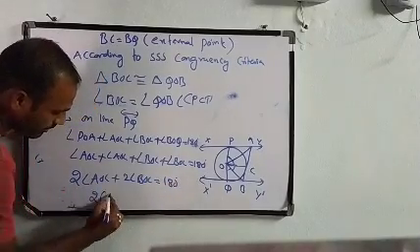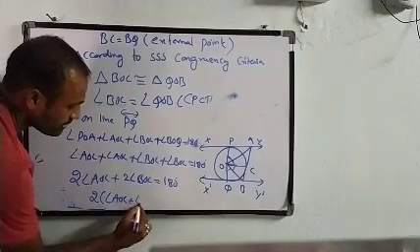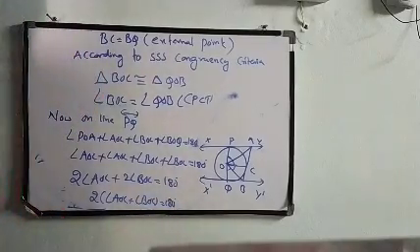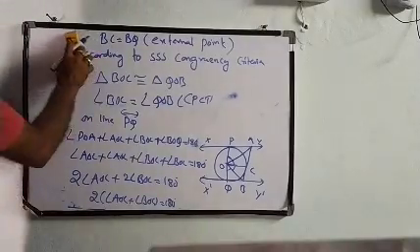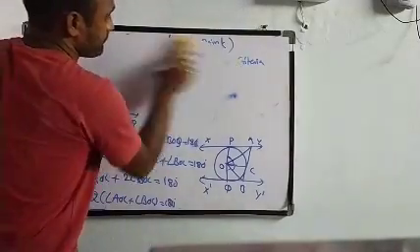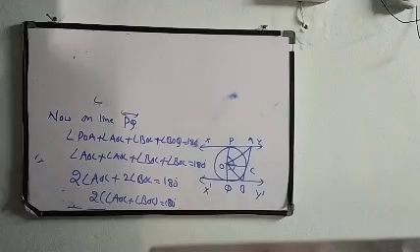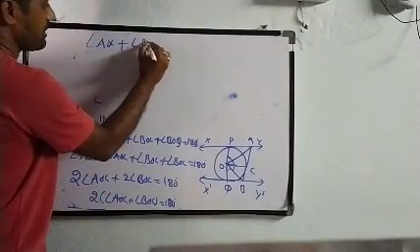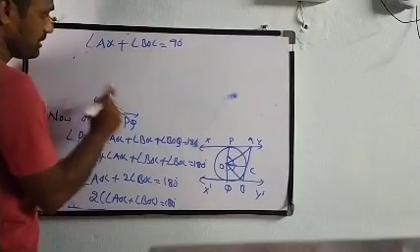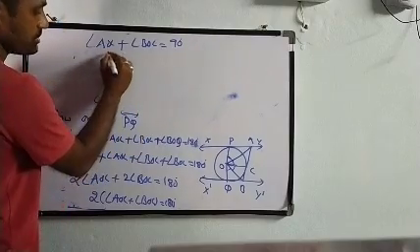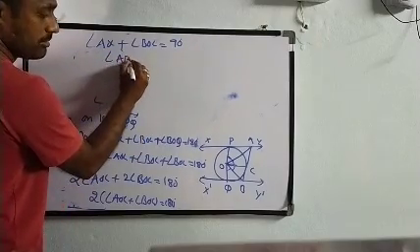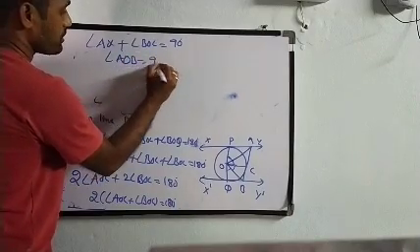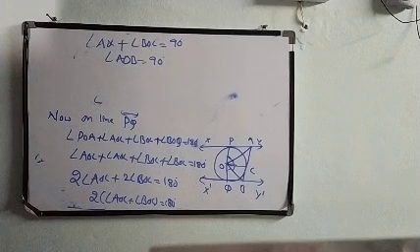If I take 2 common, 2 times angle AOC plus angle BOC is equal to 180 degrees. So if we transpose the 2, angle AOC plus angle BOC is equal to 90. If I combine angle AOC and angle BOC, it will be angle AOB. Angle AOB is equal to 90 degrees, which is the required proof.